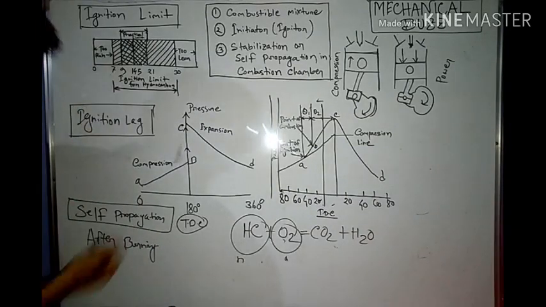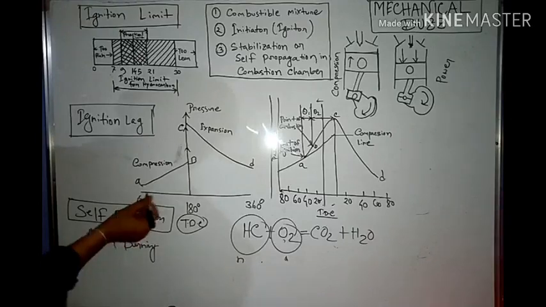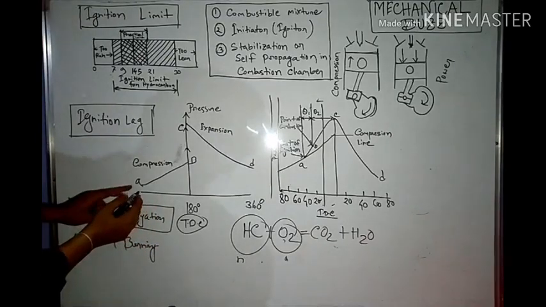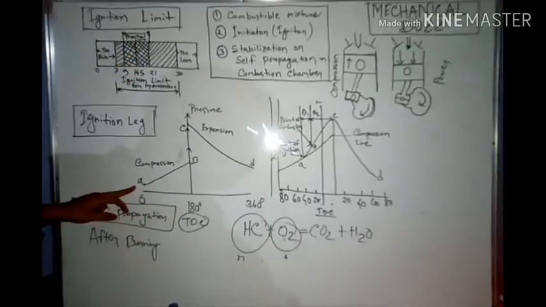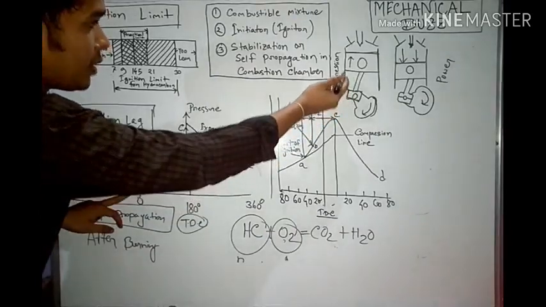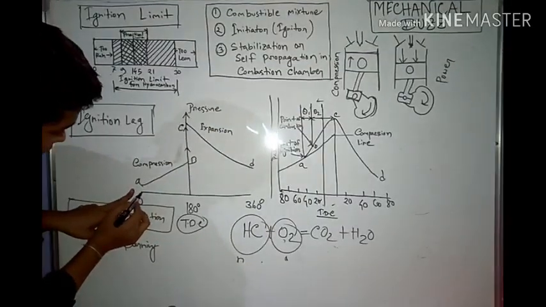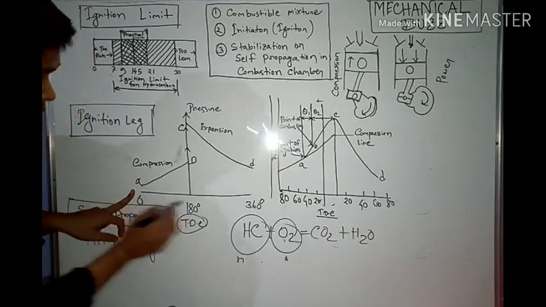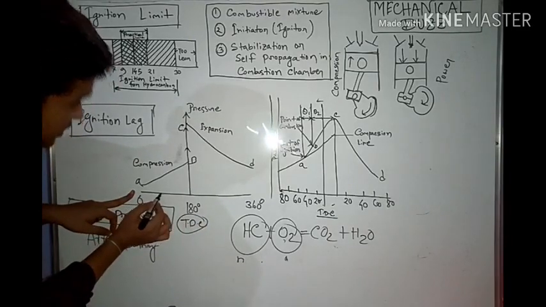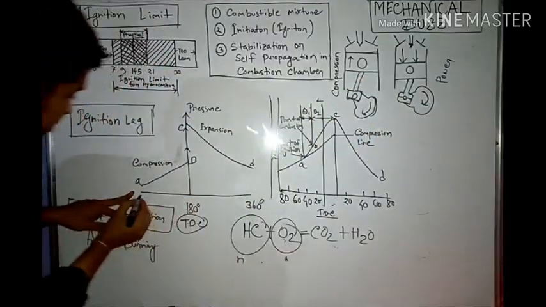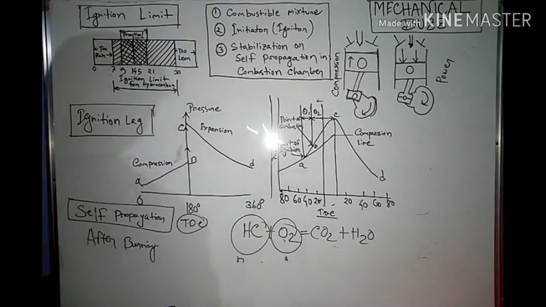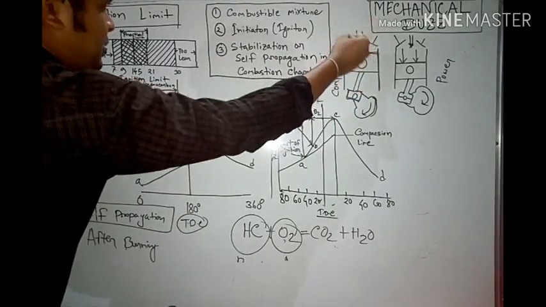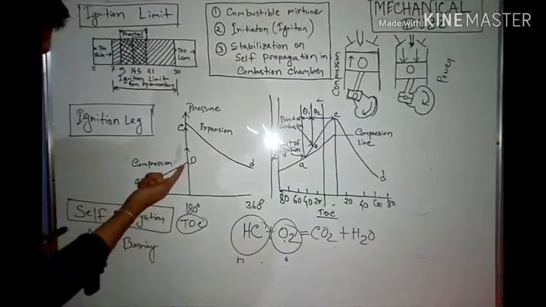Starting from 0 degrees in the compression stroke, the compression stroke has started from BDC, the piston is going up and up, and the crank angle is increasing toward 180 degrees. Simultaneously it is compressing the combustible mixture inside, and that's why the pressure is increasing.